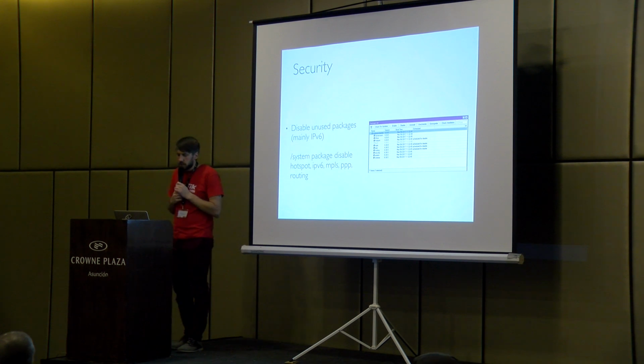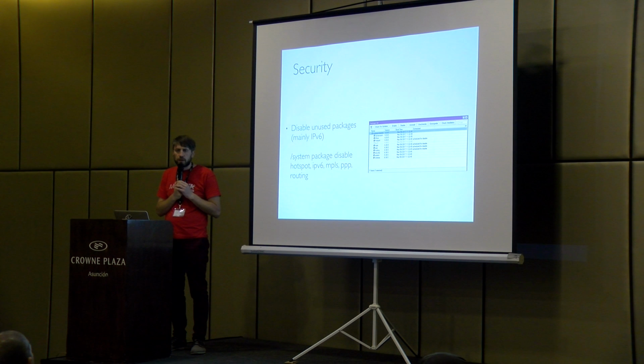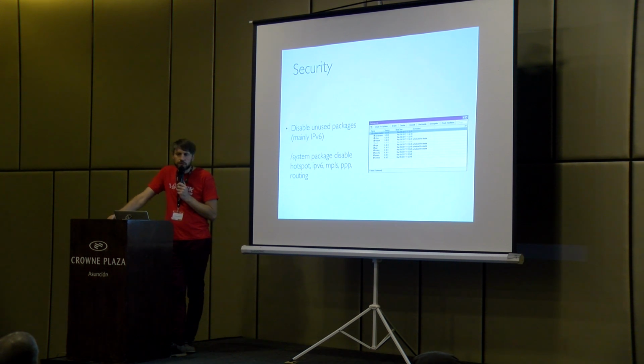The next thing that you need to apply security for is to disable unused packages. RouterOS is running on packages, and there is a set of predefined packages, but usually not all of the packages are required. So for example, if you have a CCR router and you don't have a wireless controller, you disable the wireless package. If you don't have hotspot, you disable hotspot.